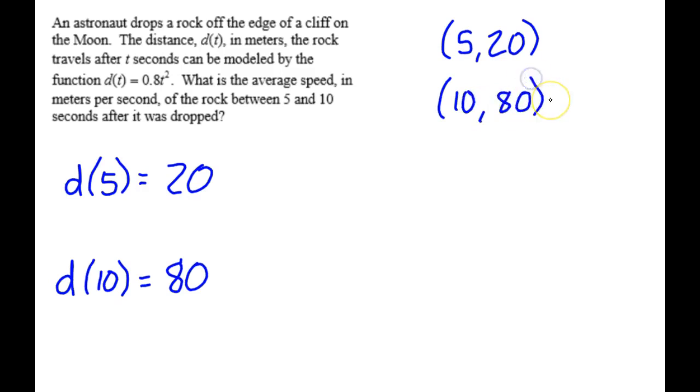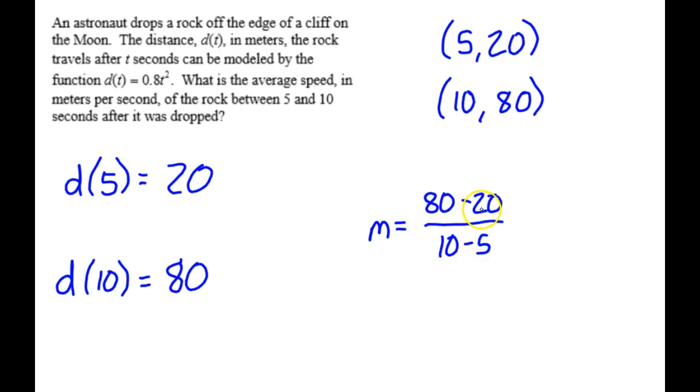If we're looking for the average speed, we're just finding the slope between these 2 points. It's the same thing we did earlier in the year. We just have a different notation applying it to this function. So we need to find the value of m, the slope. So it's 80 minus 20 divided by 10 minus 5.